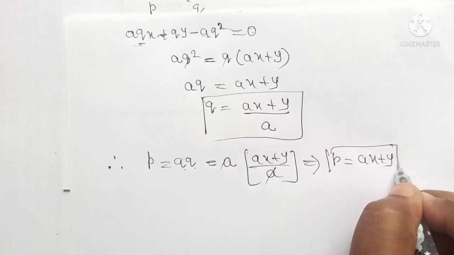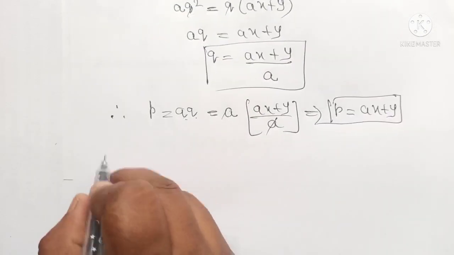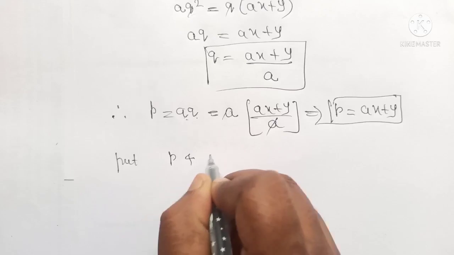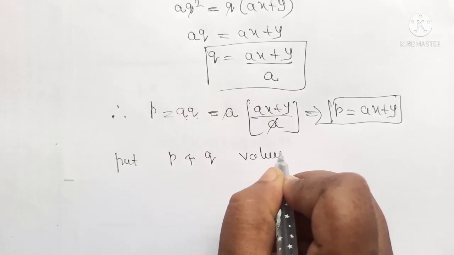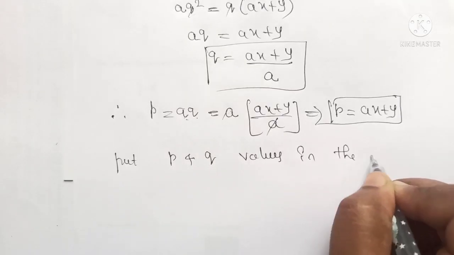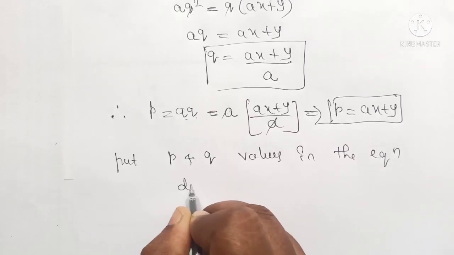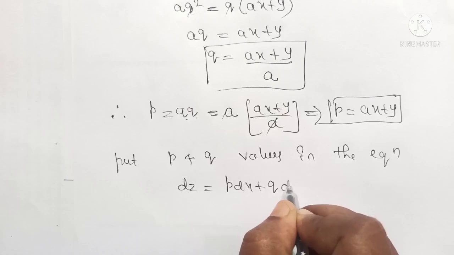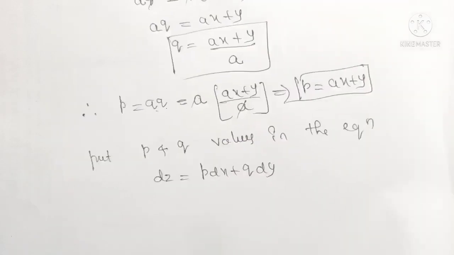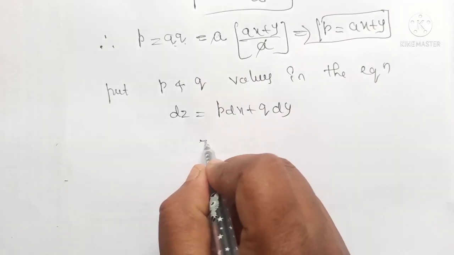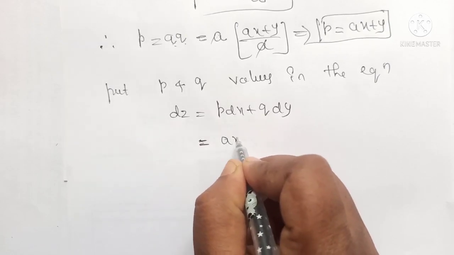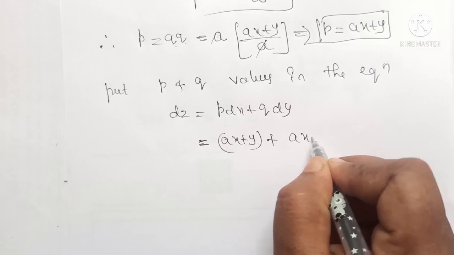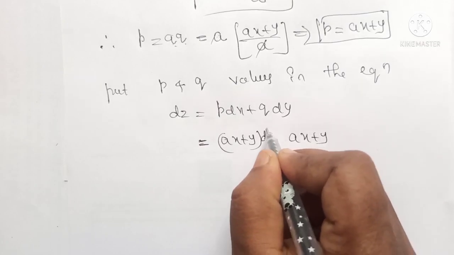Now we substitute these two values, p and q, in the equation dz equals p dx plus q dy. Substituting, we get dz equals p value ax plus y, into dx.